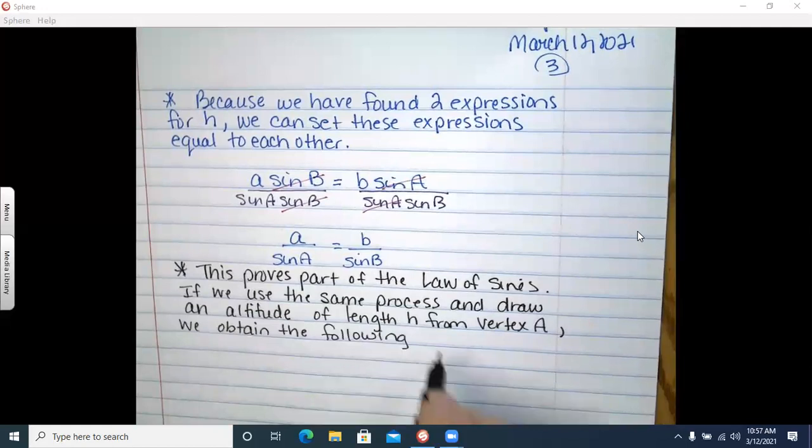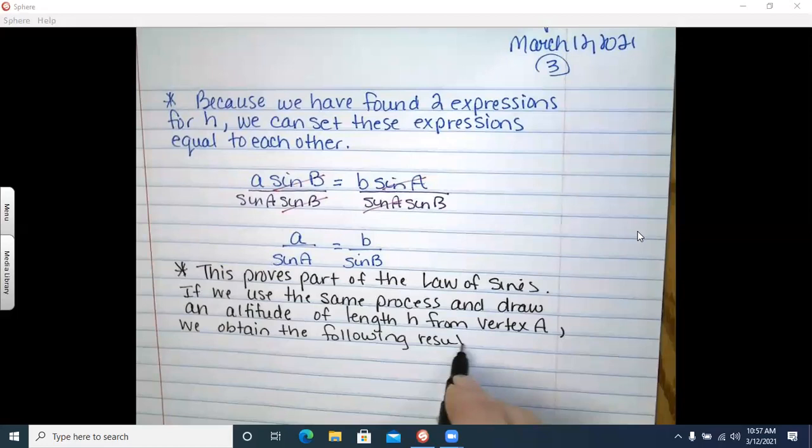So last time we drew the altitude from angle C to side C, okay?